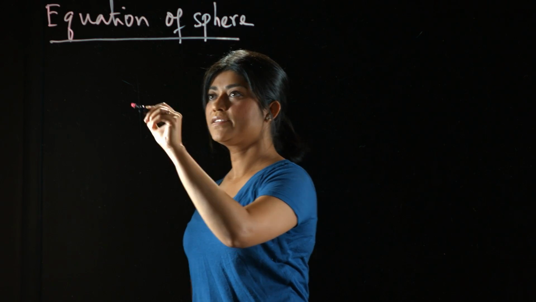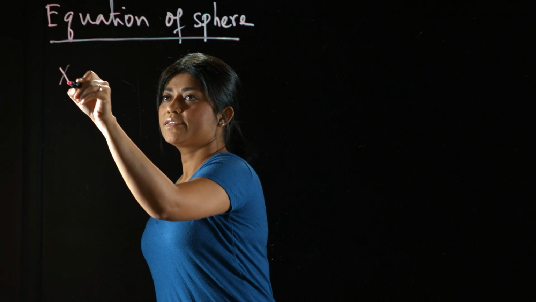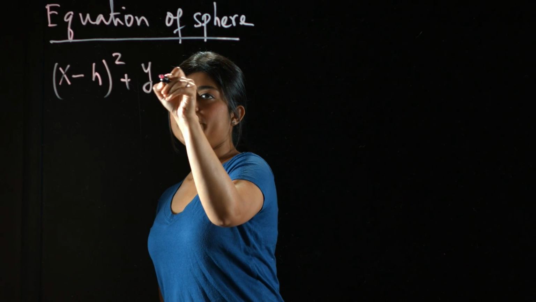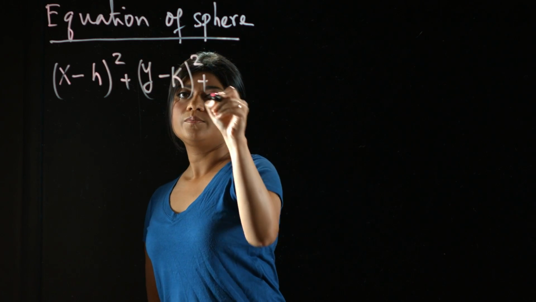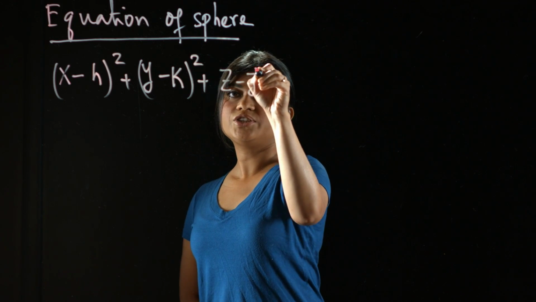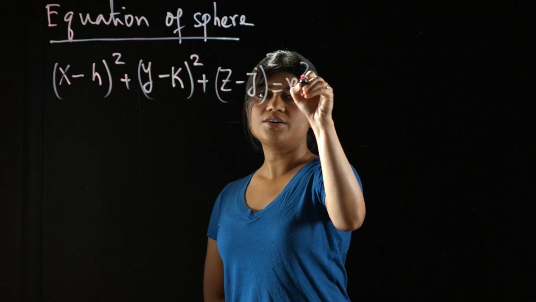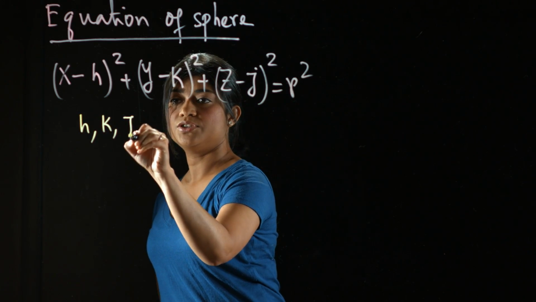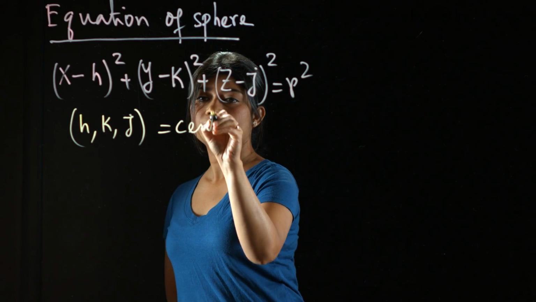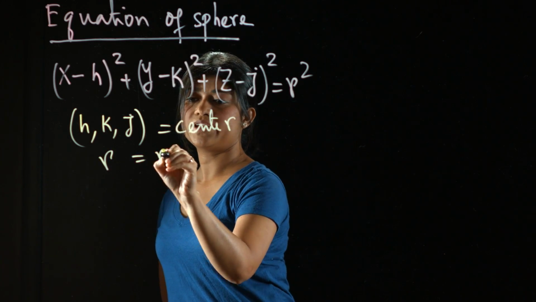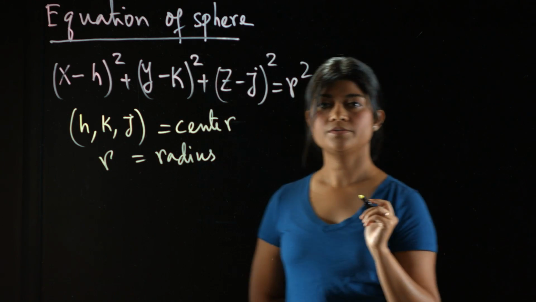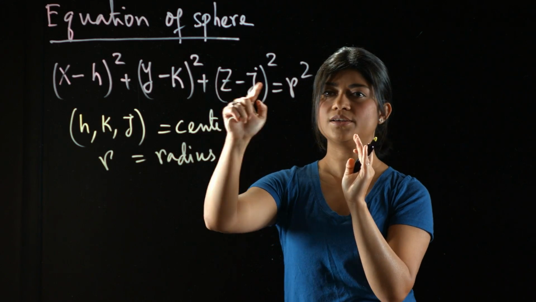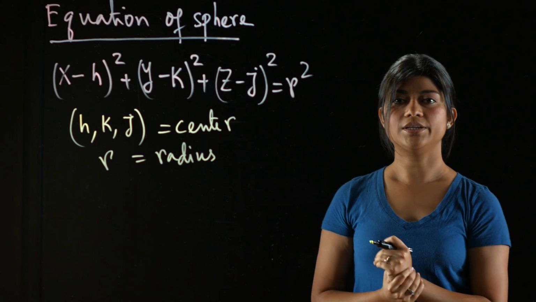The standard equation is (x minus h) square plus (y minus k) square plus (z minus j) square is equal to r square, where this h, k, j is the center, and r is the radius of the sphere. So as you can see, if we rewrite this equation in this form, we will know exactly what the coordinates of the center will be and what the radius will be.